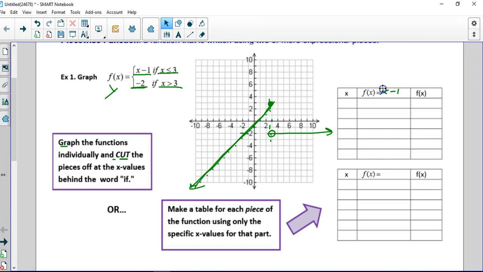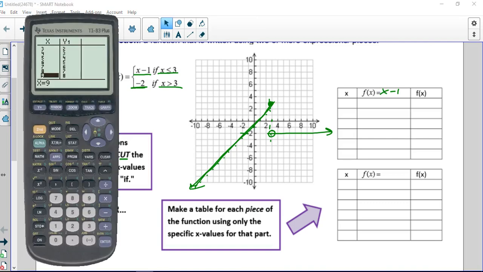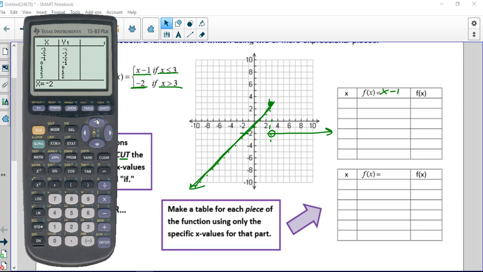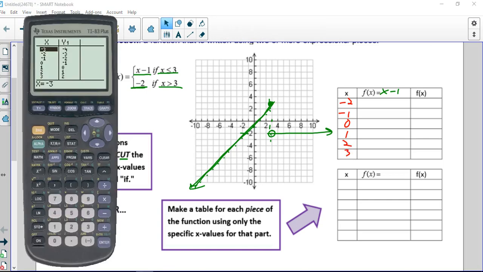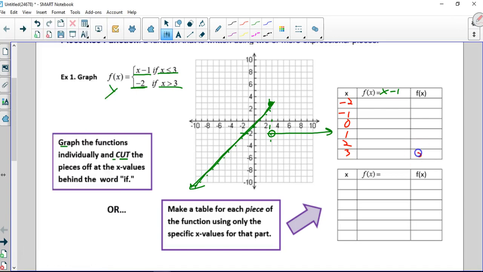If I only had a brain. So I want less than or equal. So my bottom one is going to be 3. And then I'm going to go up. So it's going to be 3, 2, 1, 0, -1, -2. And I just copy off the table here: 2, 1, 0, -1, -2, -3.